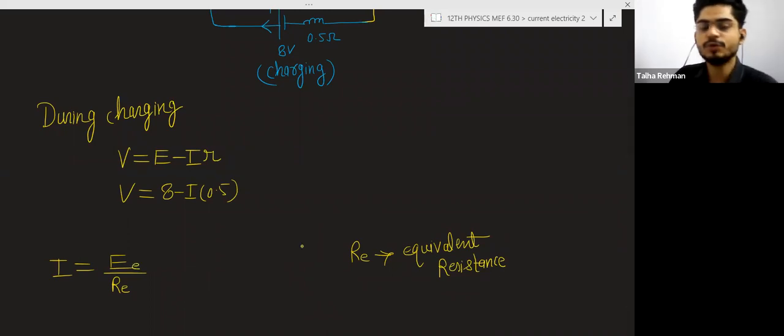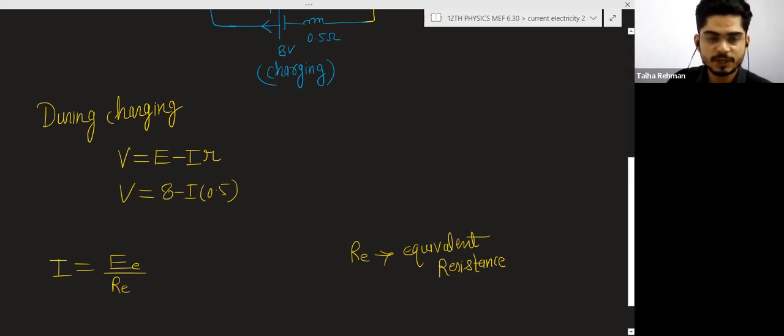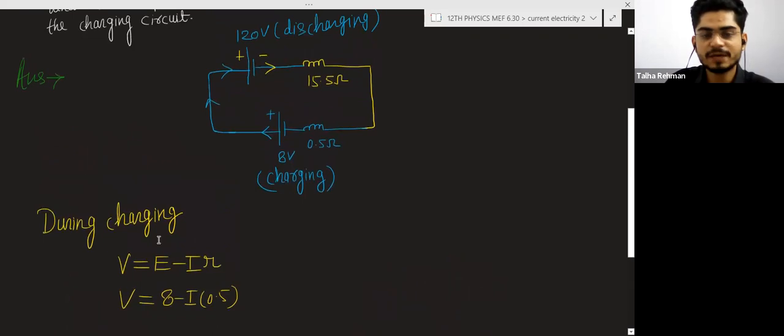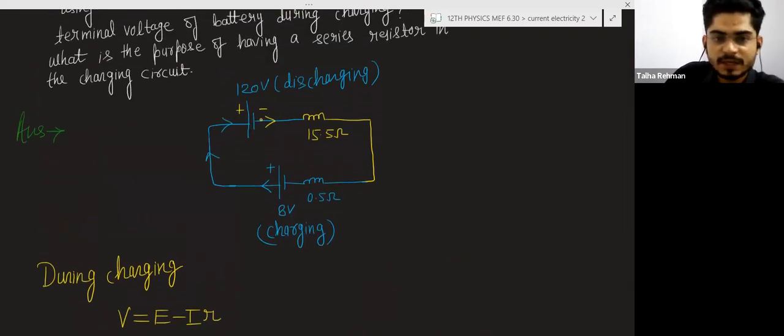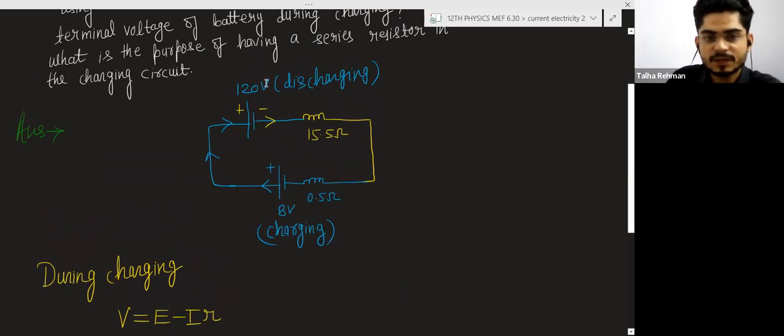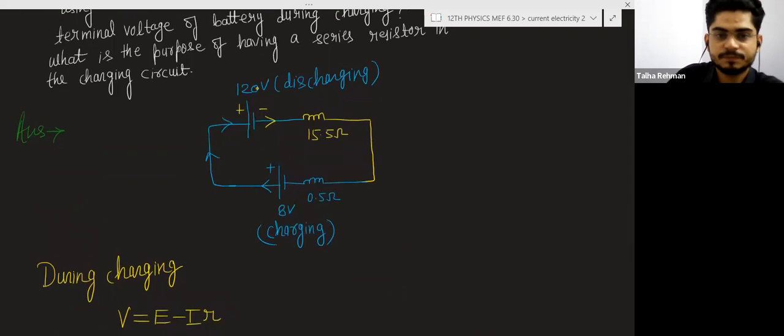Current is equal to equivalent EMF divided by the equivalent resistance. You will take this EMF, which is larger, as positive. See here, positive and positive are connected. And for this 8 volt, you will take negative.